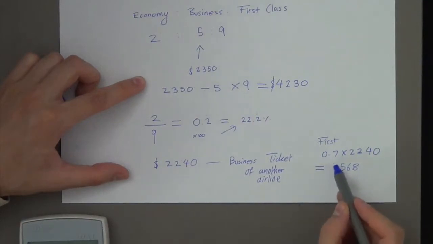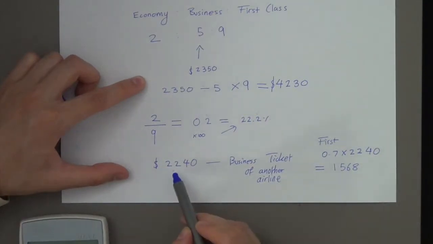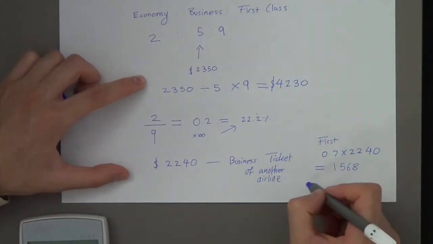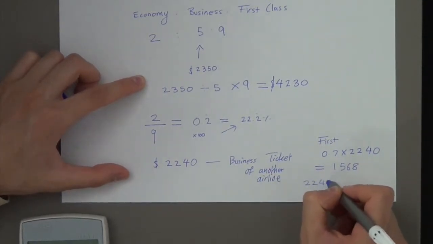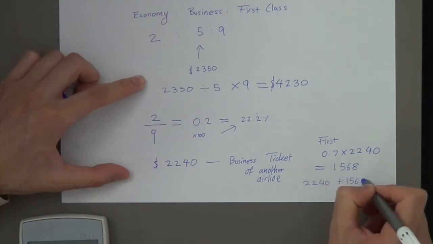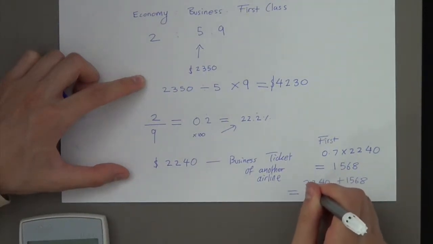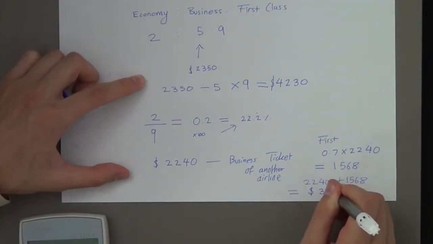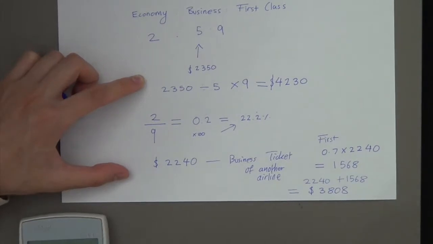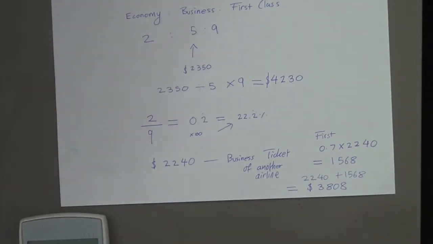However, we need to now add this 1,568 to the original price of the ticket because we know it's 70% more. So that means first class ticket is 2240 plus 1,568. That's equal to $3,808. Okay, so that's that question.